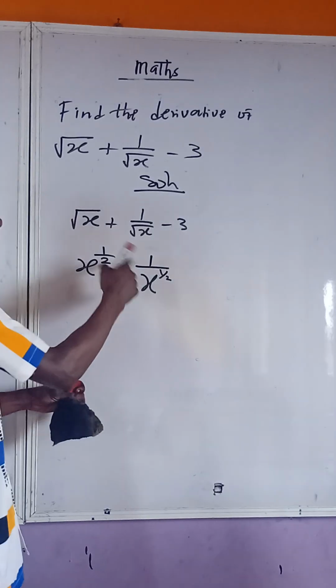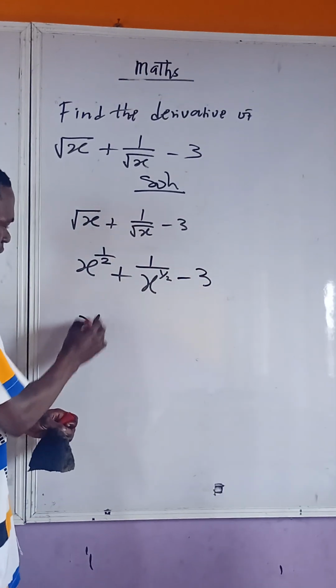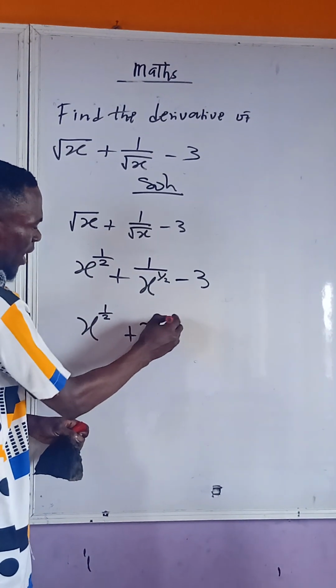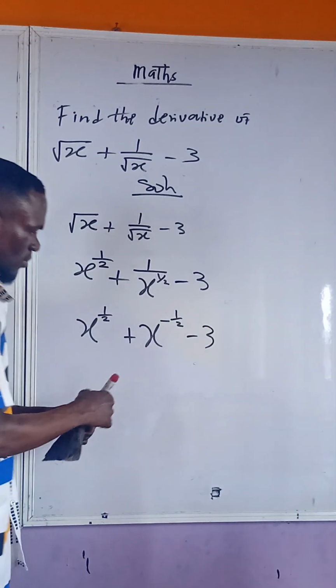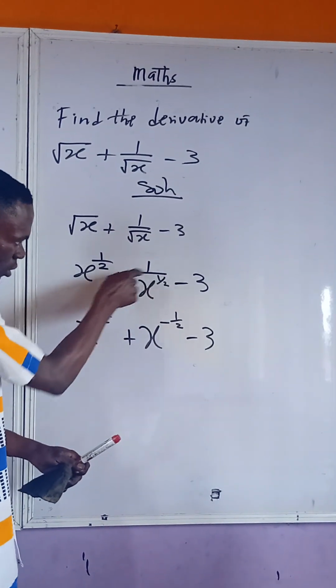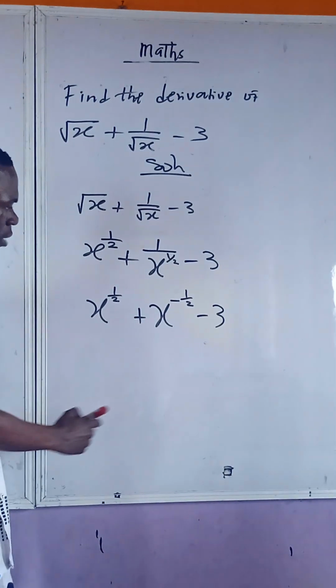Let's put the minus 3 out. So we have x raised to the power of 1 over 2 plus x raised to the power of minus 1 over 2, then minus 3. Minus here means the inverse of x, which is 1 over what you have in this place. That's what they call the inverse.